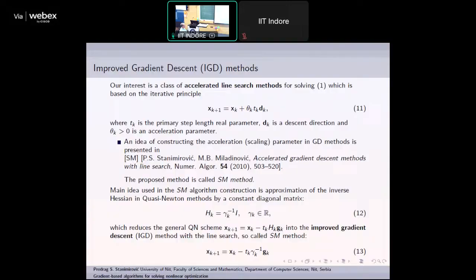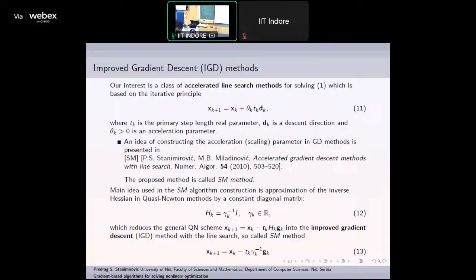Accelerated. What is acceleration? Acceleration is a new parameter. The problem was how to define TK, another parameter TK.